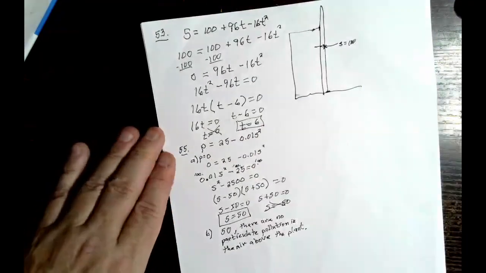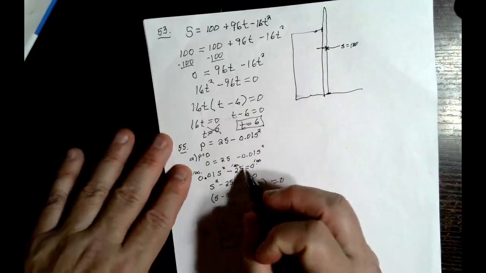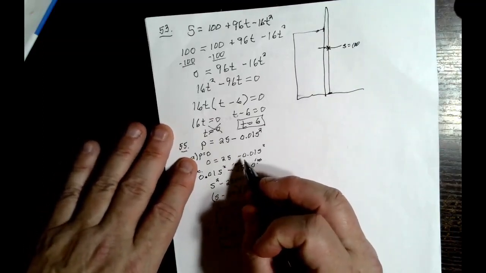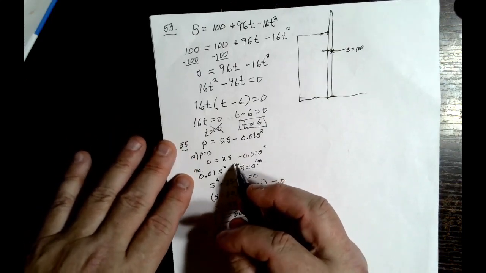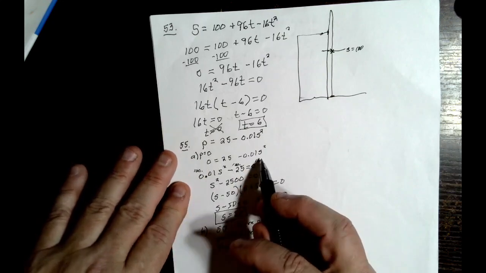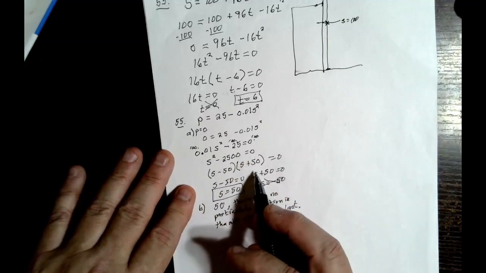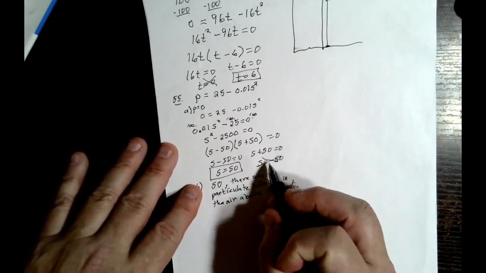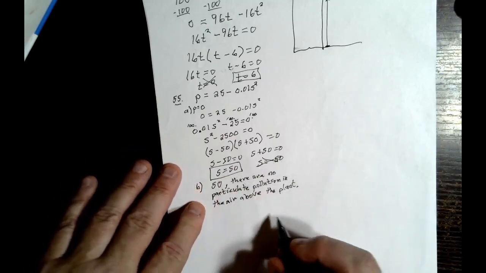55, wind pollution, where P is the amount of particulate pollution and S is the wind speed. So what values of S will make P equal to 0? So P is 0 and you solve this guy. I multiplied everything by 100. Then I was able to factor, set each one equal to 0, and you get speed of negative 50, which isn't possible, or positive 50, which exists.